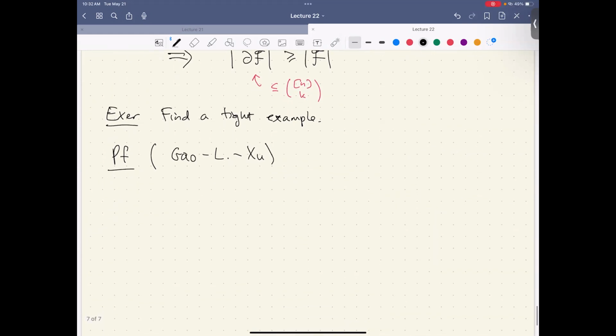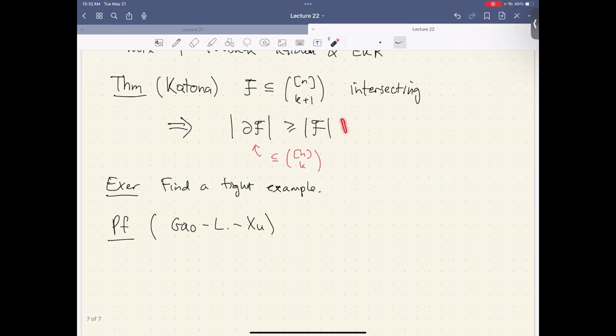The idea is we find some set of polynomials for the original family, also for the shadow, but actually for the non-shadow. We're going to find polynomials for the original family F and the non-shadow.